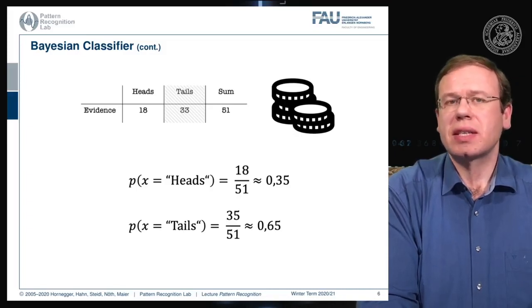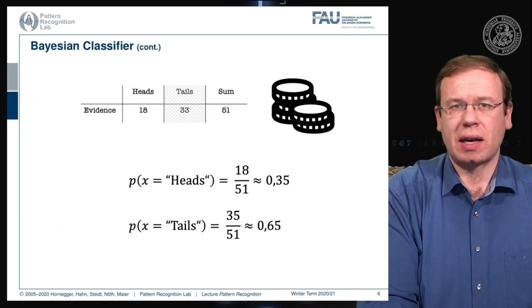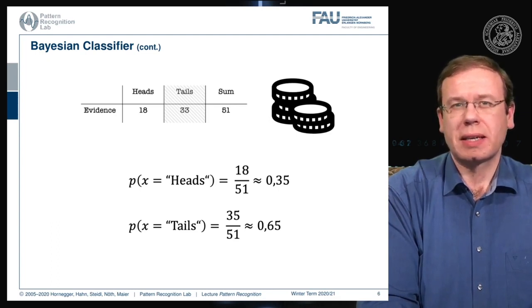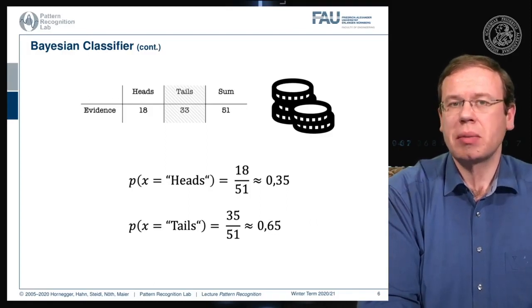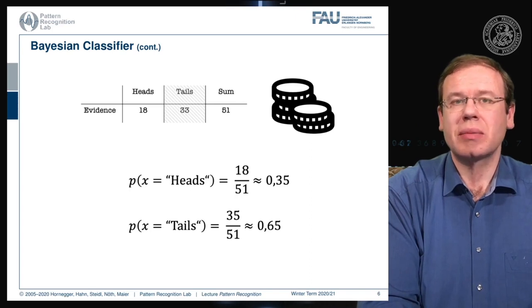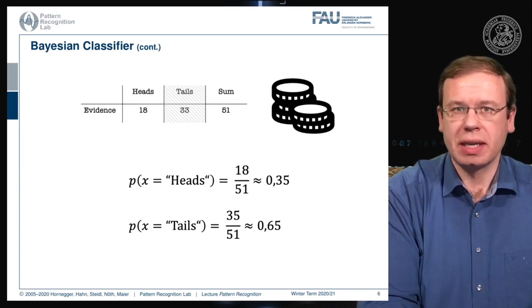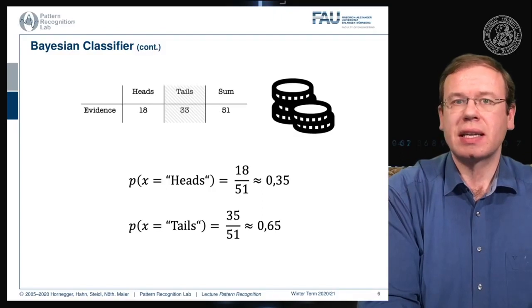Now you see, now we just have evidence but no classes. Let's make the problem a little bit more complicated, and let's say you are colorblind and you can't differentiate the classes. So this is essentially the problem that we are facing. We can't access the class, but there is some true class that is somehow hidden. And you could imagine that I actually have two different coins.